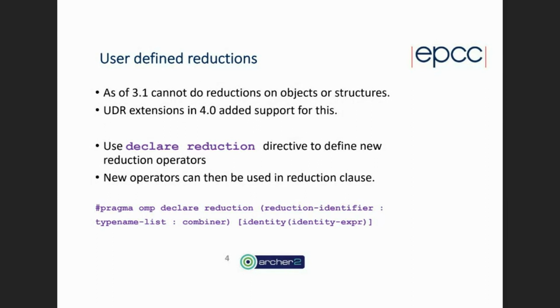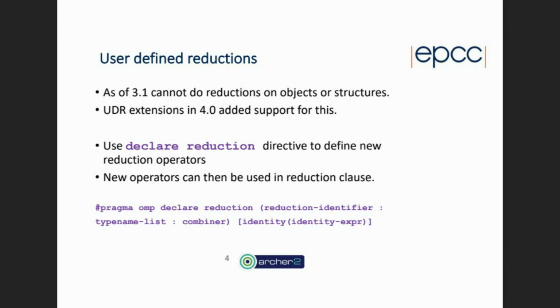Okay, so let's start off with user-defined reductions. Prior to 4.0, you were not able to do reductions on objects or structures. You were only able to use essentially basic types or arrays of basic types in reductions.